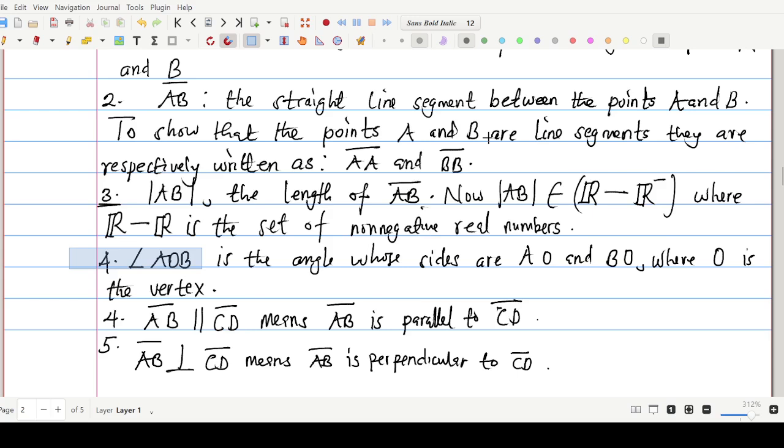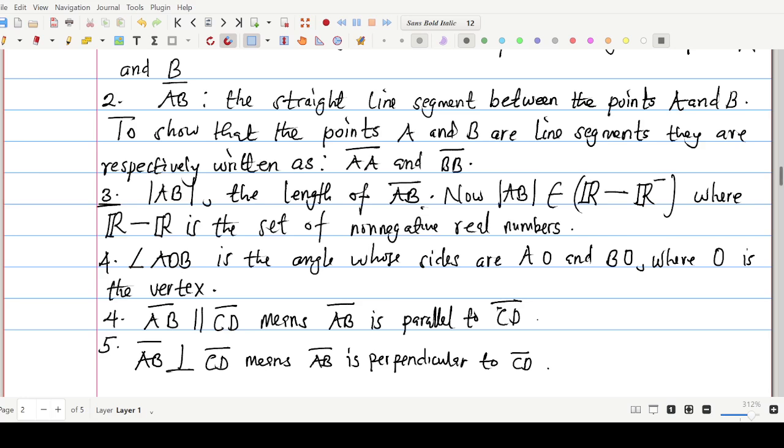The point at the middle is the vertex, and this is how it should be done. You can call it angle AOB, or you can start with BOA, provided the vertex is at the middle. It does not matter whether you start with AOB or BOA. Either is accepted. But what is important and necessary is that the vertex should be at the middle in the order of your naming. So we're done with that.